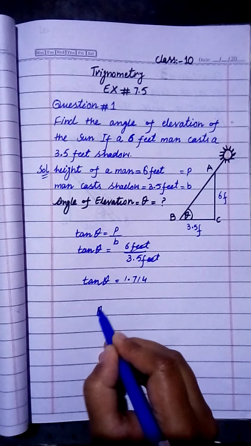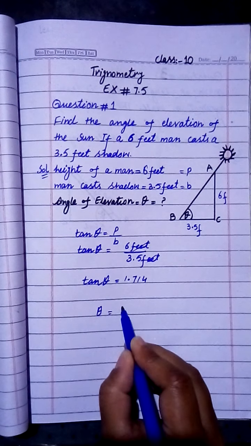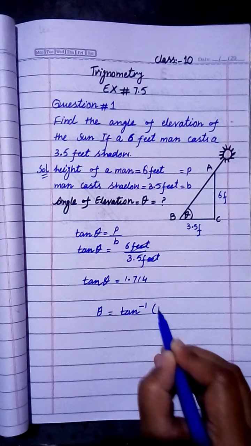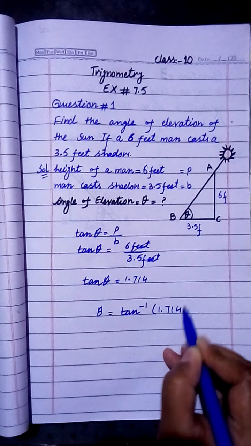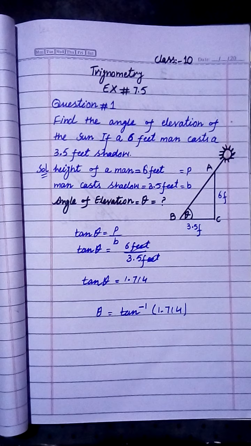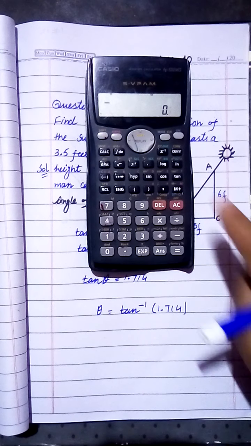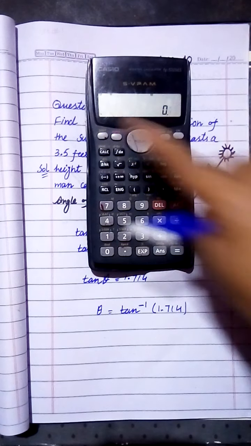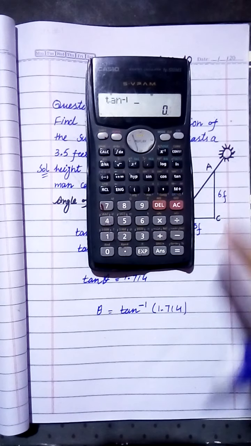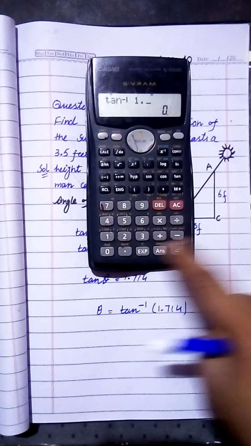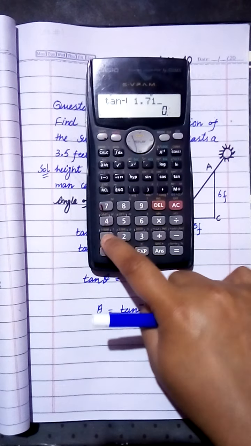So tangent shifts to the other side, then it becomes tangent inverse of 1.714. You have to press the button of shift, then tangent, then it becomes tangent inverse. Now write the value 1.714.